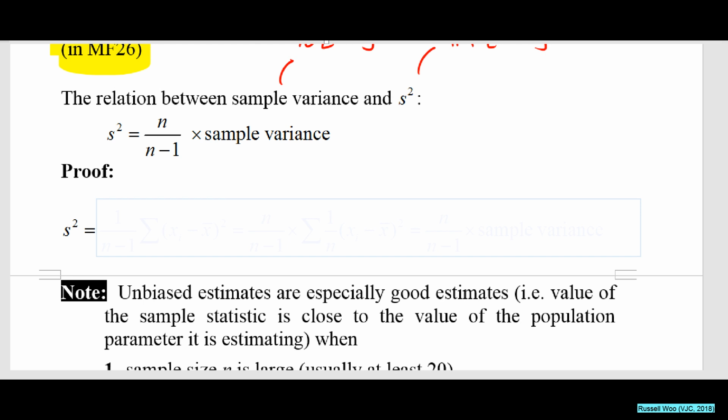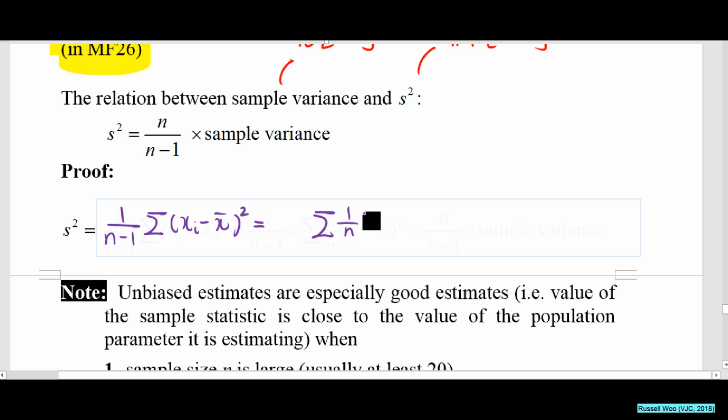S square is 1 over n minus 1 times the sum, and I need to express it in terms of sample variance. This is sample variance.